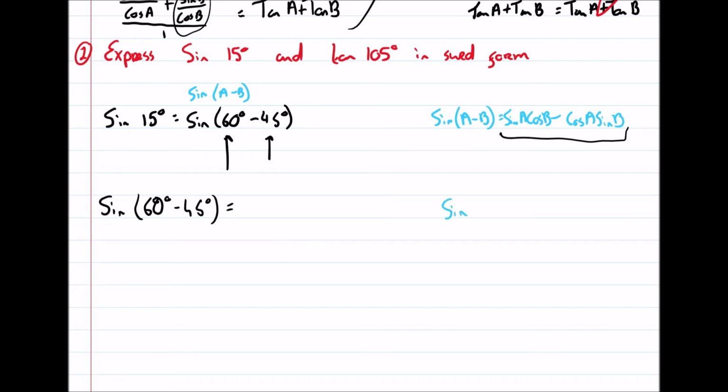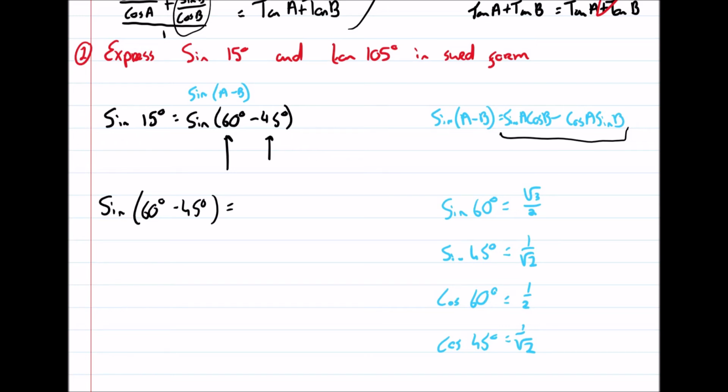So we have sine of 60 degrees, sine of 45 degrees, cos of 60 degrees, cos of 45 degrees. And we can get these from our logbooks. Okay, so there they are.